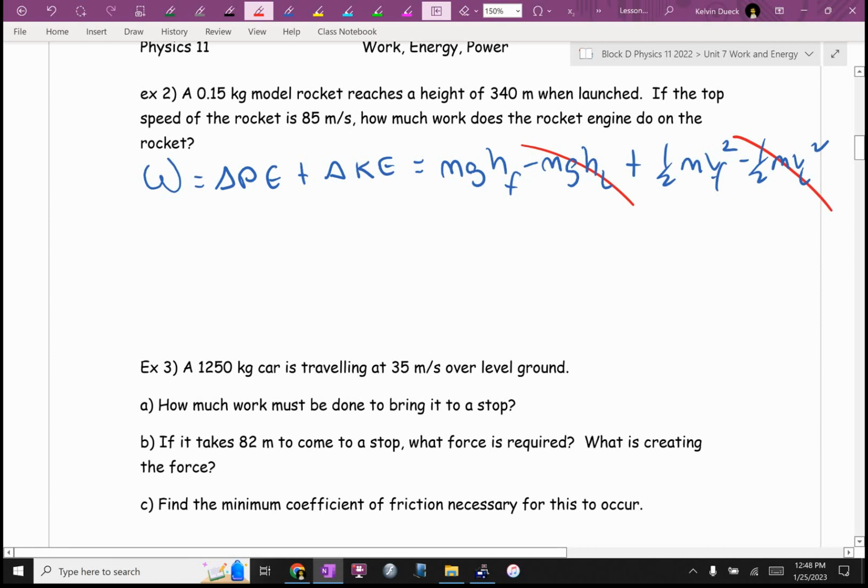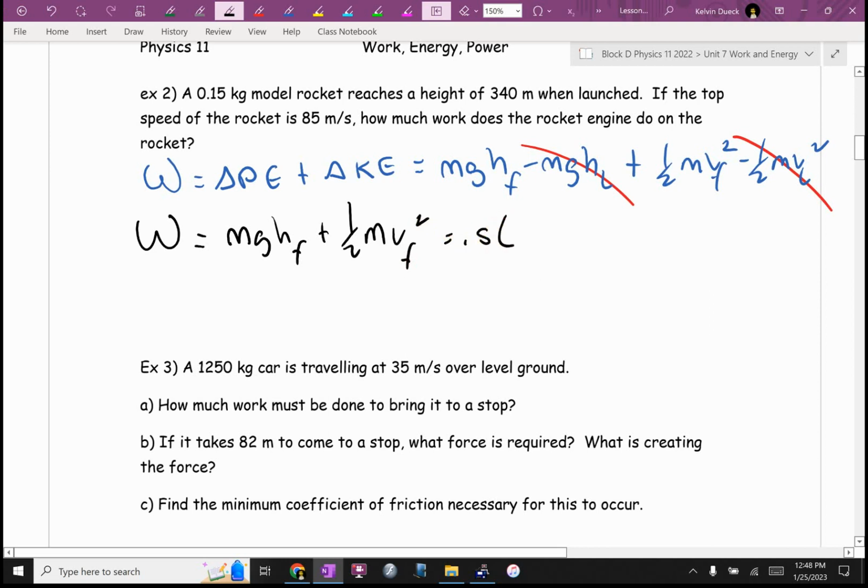Turns out, if you want to know how many joules of energy this model rocket motor has to supply, it's going to be mgh final plus a half mv final squared.